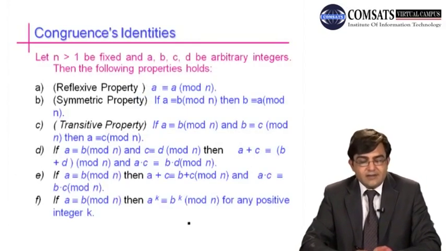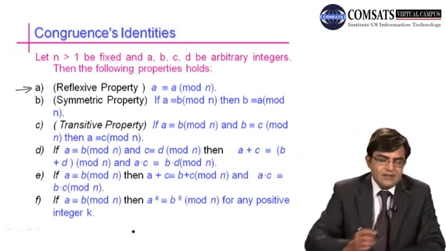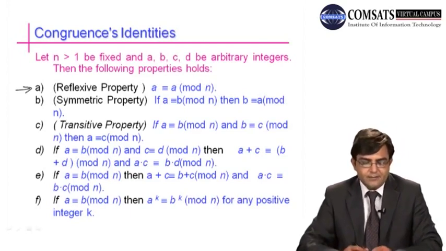Next are some congruence identities. Let n be greater than 1 and fixed, and a, b, c, d be any arbitrary integers, then the following properties hold. The first property is the reflexive property.